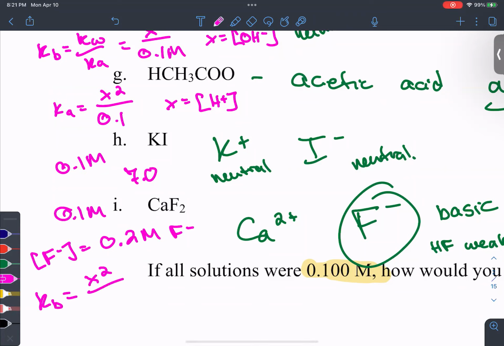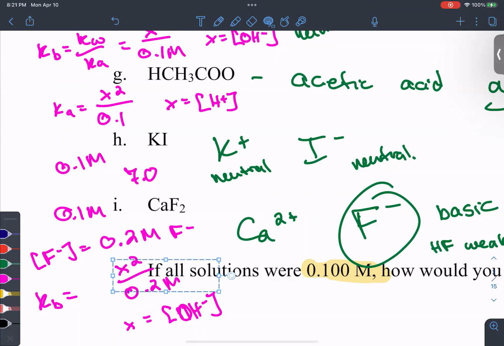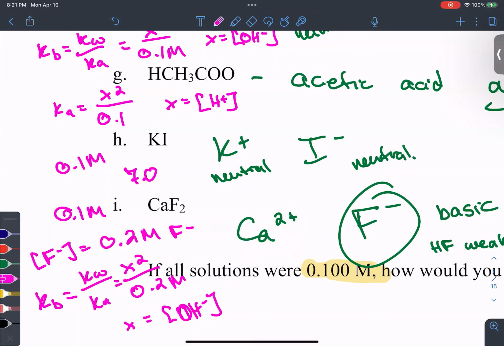We do x squared over 0.2 molarity, where we solve for x, and that is equal to OH minus concentration because we used Kb. Oh, and one last thing, I skipped a step. You won't be given Kb of F minus, you'll actually be given Ka. So you just have to do a quick conversion using Kw to get Kb.